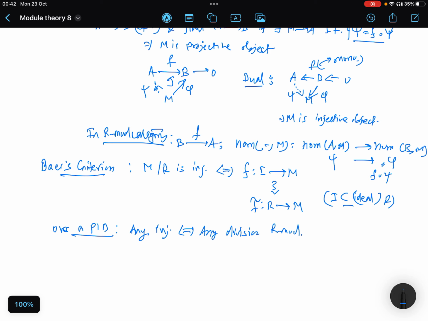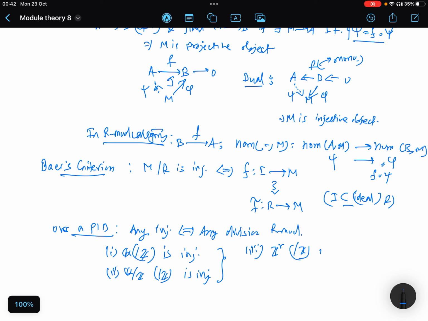And from this criterion it's easy to see that Q as a Z-module is injective, and Q/Z as a Z-module is injective, while Z as a Z-module is not injective, right? Because it's not divisible. So yeah, these are some of the examples.